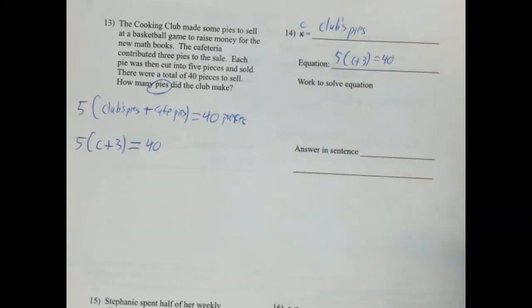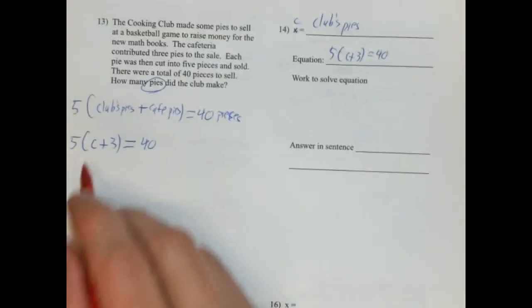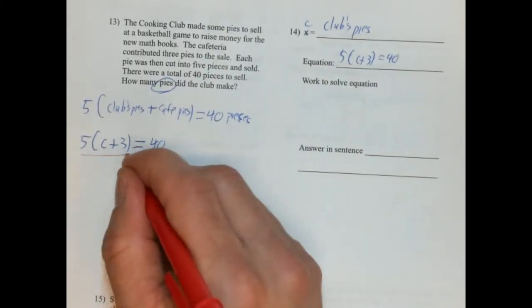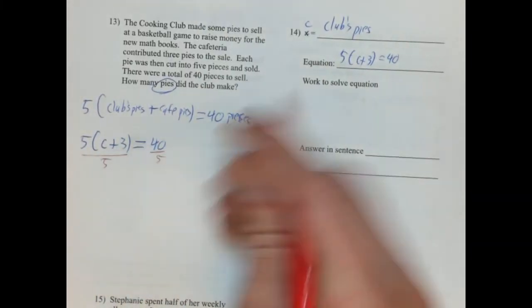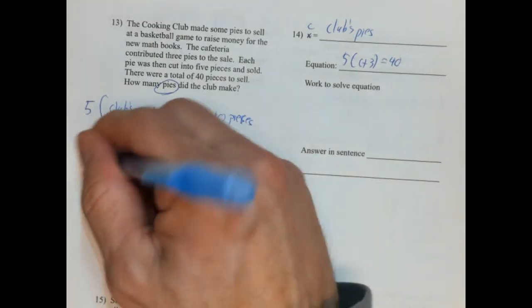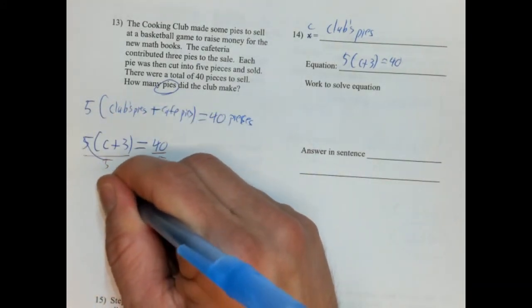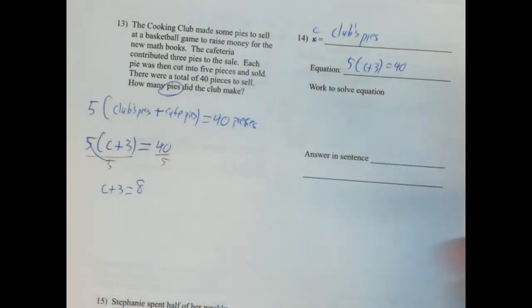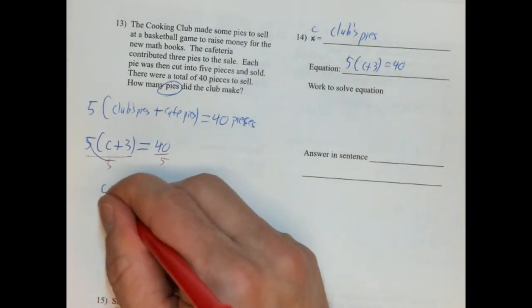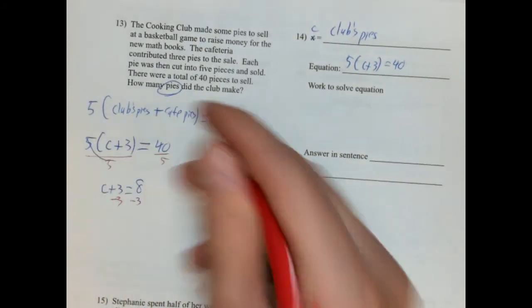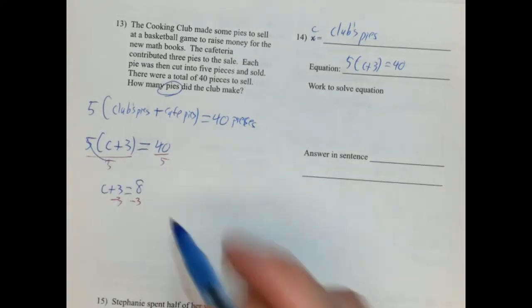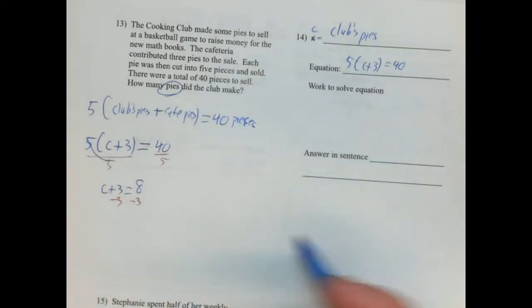Okay. So I could distribute this 5, but I'm actually going to just divide by 5. I actually think that's easier. So c plus 3 equals 8, and then subtract by 3. Again, you could distribute the 5 and get 5c plus 15 and get rid of 15 and then get rid of 5.